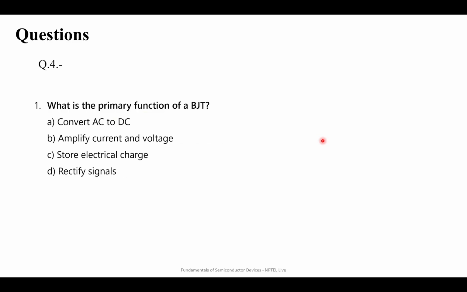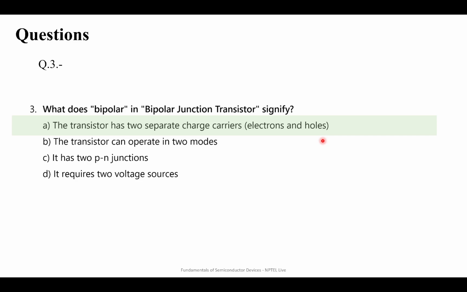If it would be NPN, sir? Then what happens? It does not matter if it's NPN or PNP. A BJT is a transistor made from multiple PN junctions, so two PN junctions. Therefore, it's called a bipolar junction transistor.